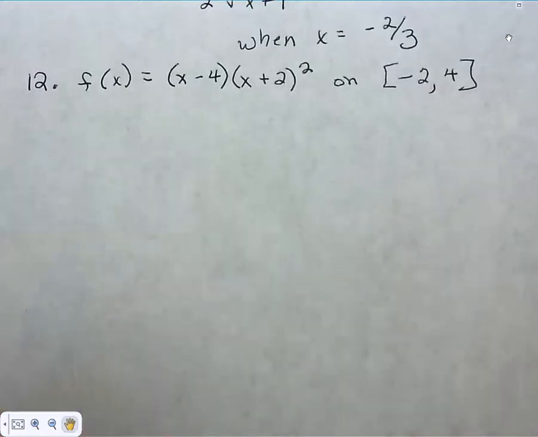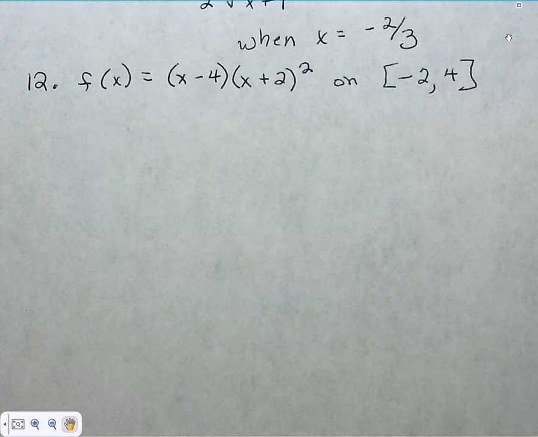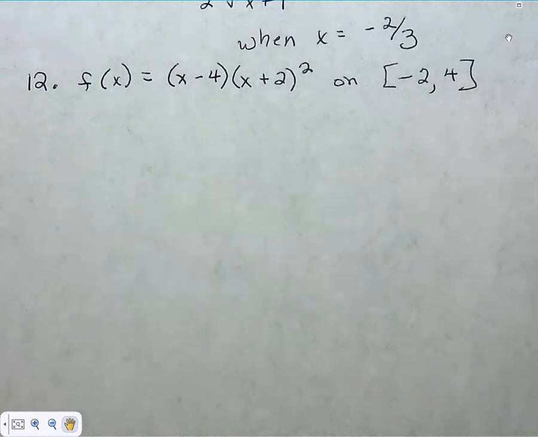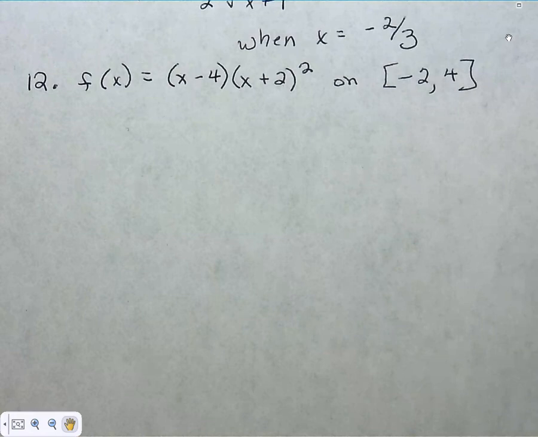What do you know about the continuity of a polynomial function? Polynomial functions have no holes, skips, or gaps. It's continuous everywhere. Specifically, it's continuous on the closed interval from -2 to 4. What do you know about the differentiability of a polynomial function? It's differentiable everywhere. It doesn't have any discontinuities. It doesn't have any vertical tangent lines.